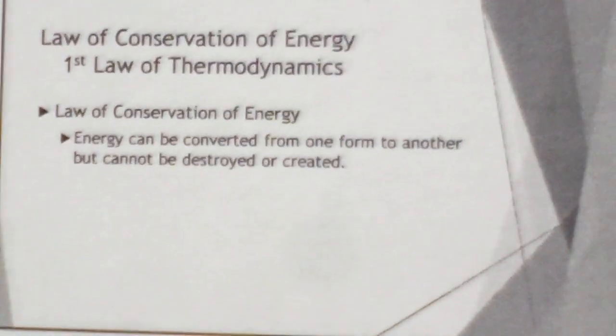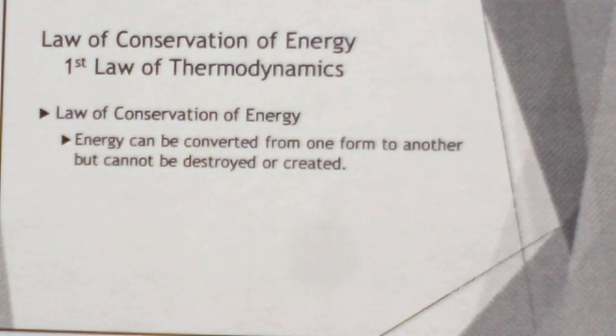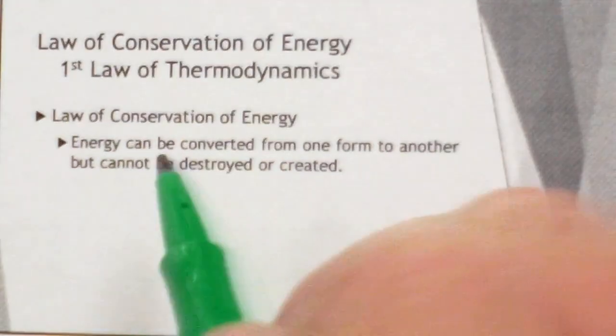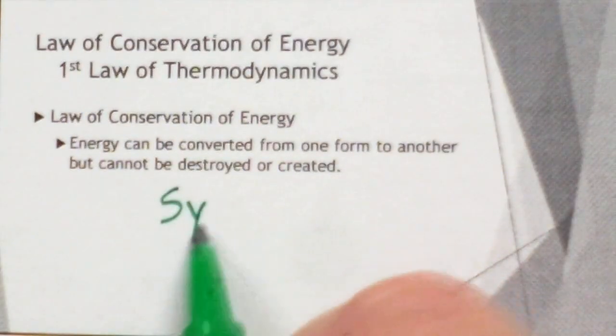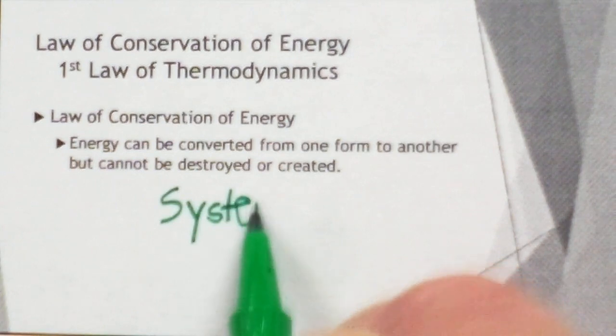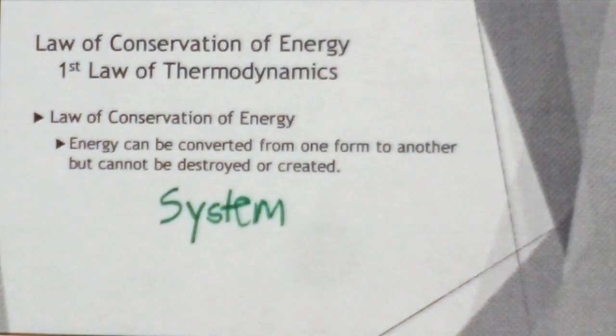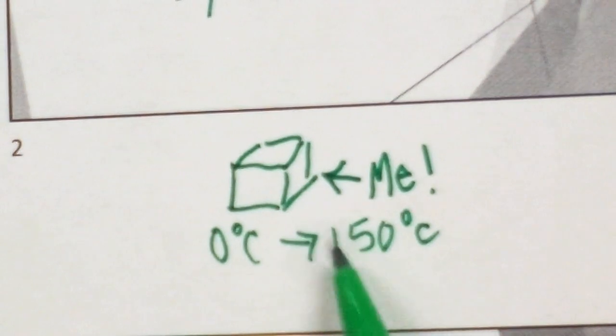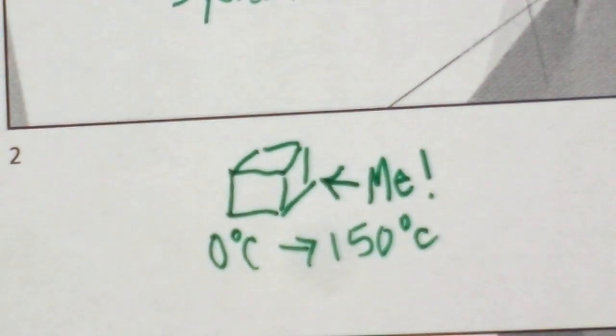So let's move back up here. So for our discussion, all right, I am going to be considered a system. This block of iron is considered a system. And when we're looking at what's happening with this block of iron, me, we're looking only at me.